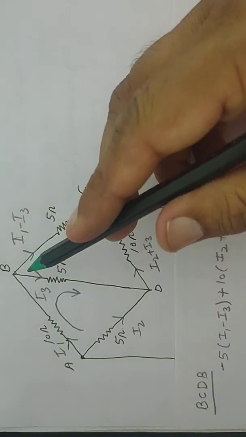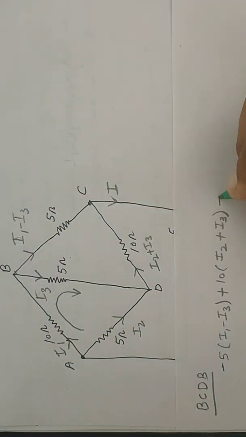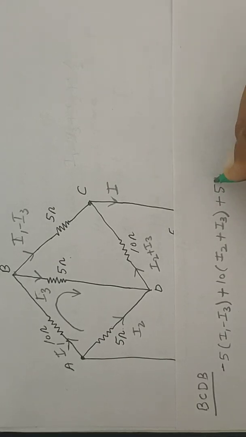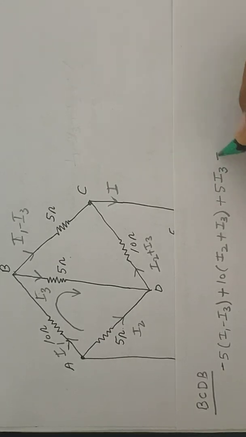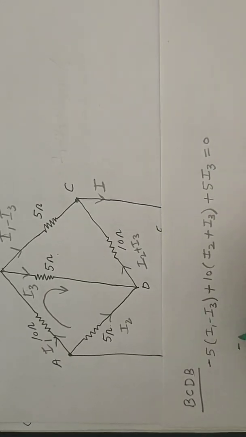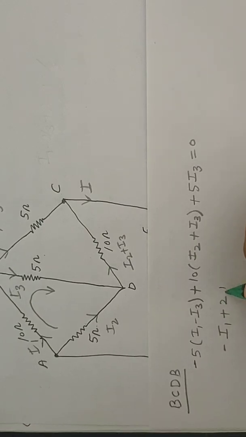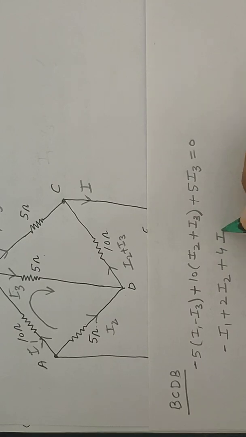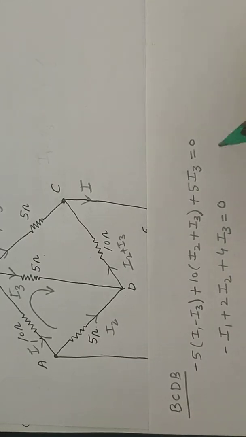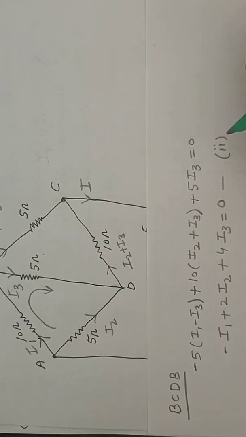And D to B, we are going from low potential to high potential, we get 5 I3 equal to 0. On simplifying, we get minus I1 plus 2 I2 plus 4 I3 equal to 0. This is the equation second.